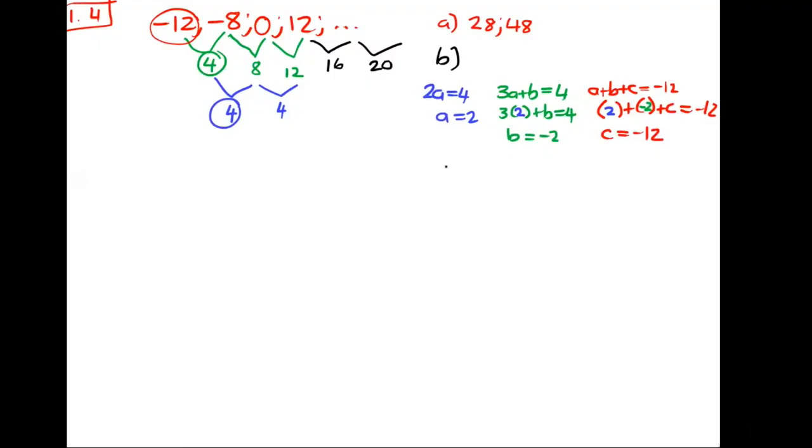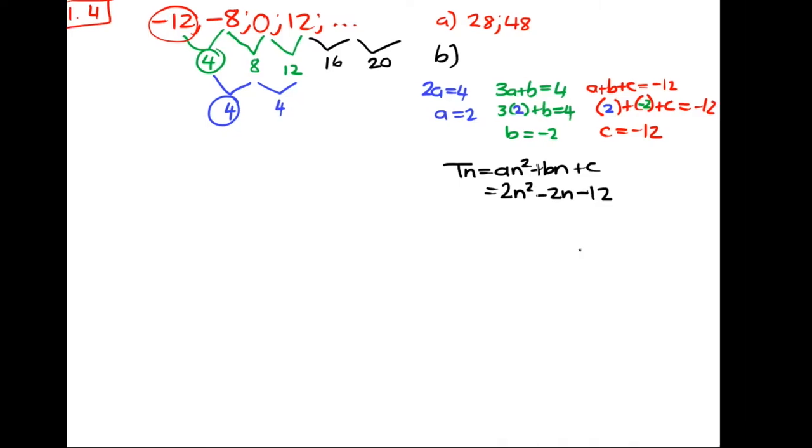So let's write down our formula. Tn is an squared plus bn plus c. And so Tn is 2n squared minus 2n minus 12. Now they bring in a new concept.